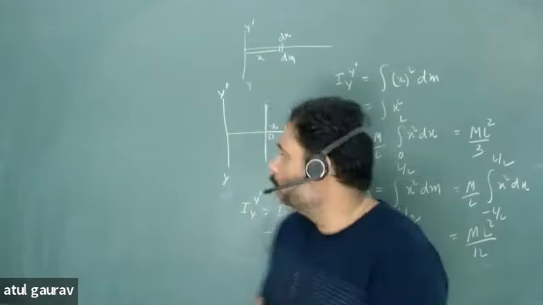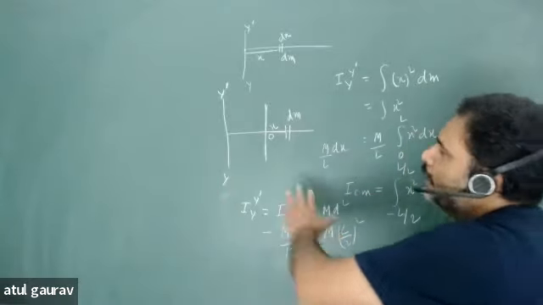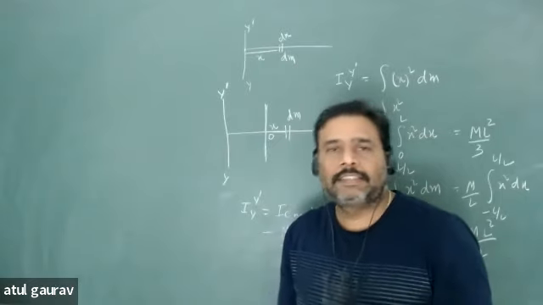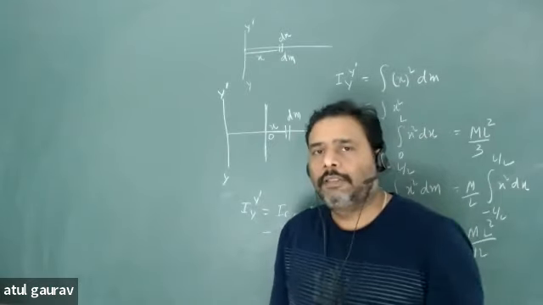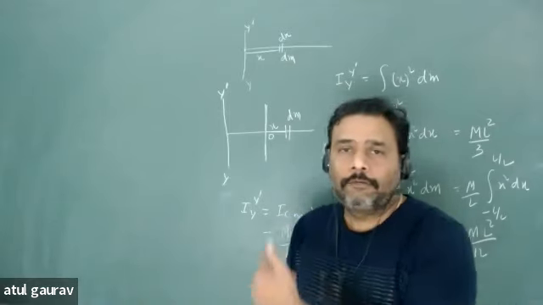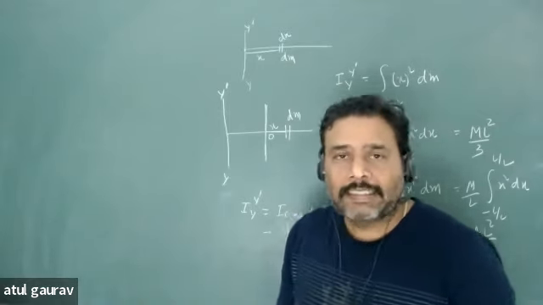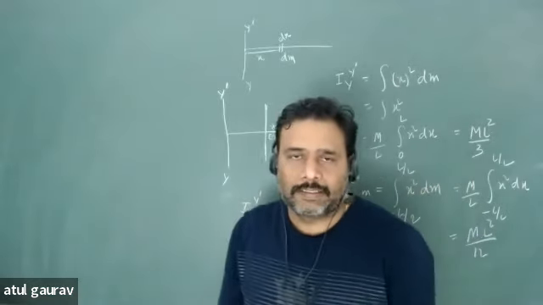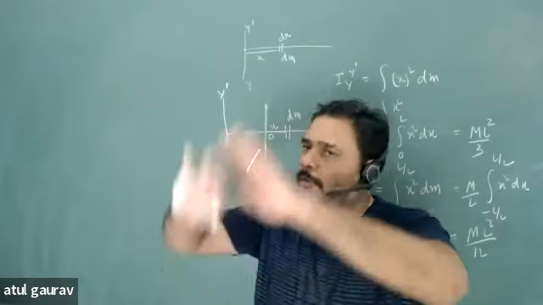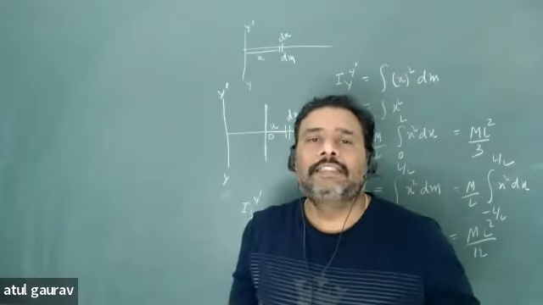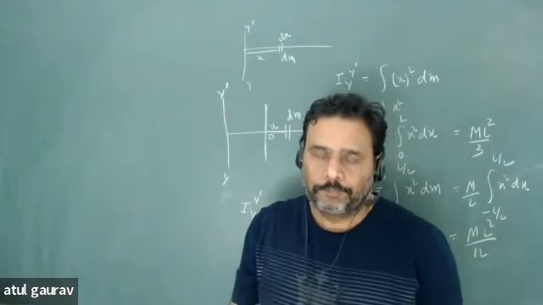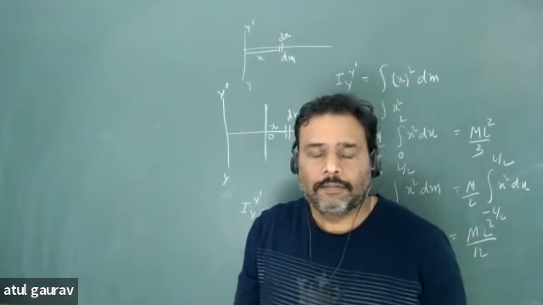But before using these theorems, you have to calculate the moment of inertia about the axis passing through the center of mass. One particular axis is very significant because your mass distribution is very symmetric about this axis. Are you getting my point?